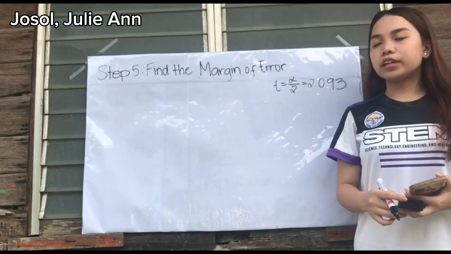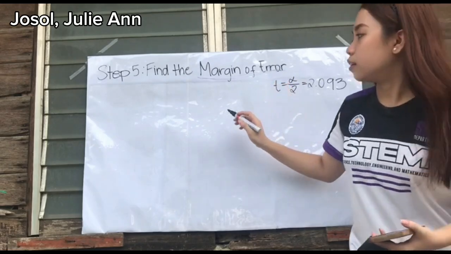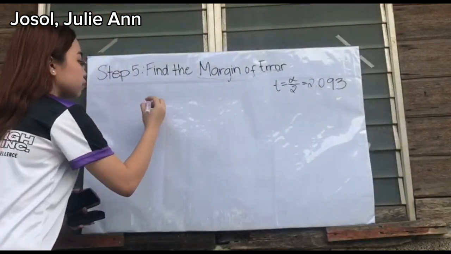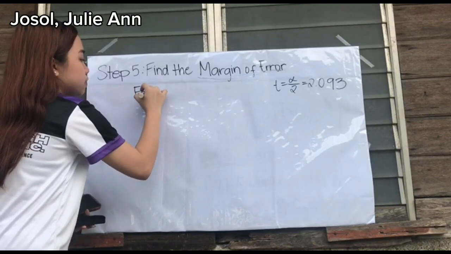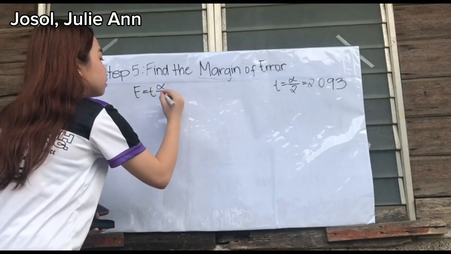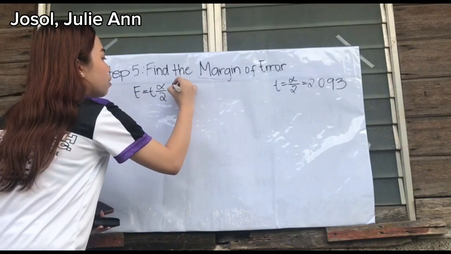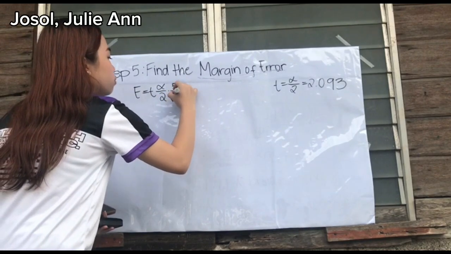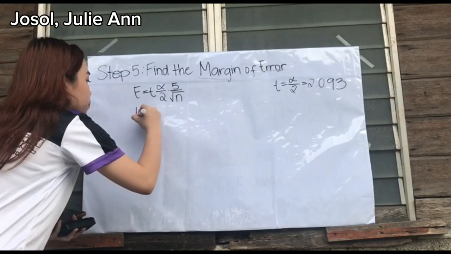In step 5, we're going to find the margin of error. But first, we're going to write the formula. Margin of error is equal to t of alpha over 2 times s over square root of sample size. Then copy.